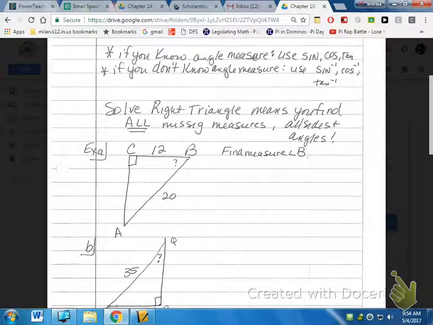Okay, when we're talking about this, your directions will be solve the right triangle. Here's what solve the right triangle means. You find all missing measures, including sides and angles. So you will be given a little bit of information, and then you have to find the rest.